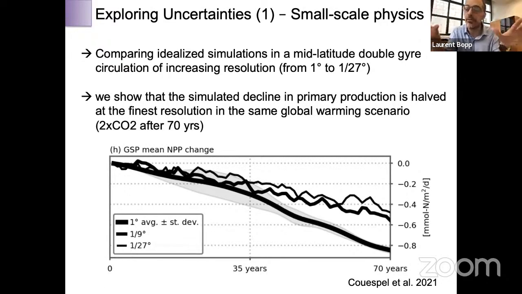So we still have the same process as the one that was identified in the global climate models. With global warming, you have a more stratified ocean, less ventilation. And because of less ventilation and a more stratified ocean, you have less nutrient supply to the surface and reduced NPP. But what Damien shows is that when you have higher resolution, this reduced nutrient supply declines less, and hence you have less of a decline of NPP by approximately 50%.